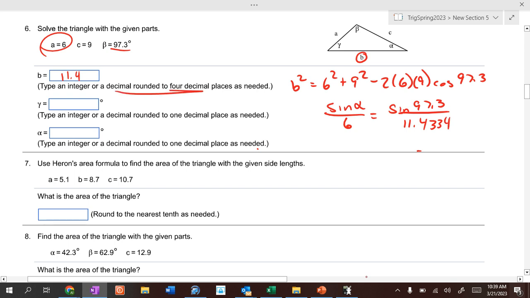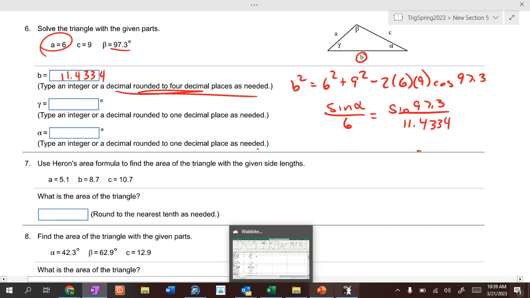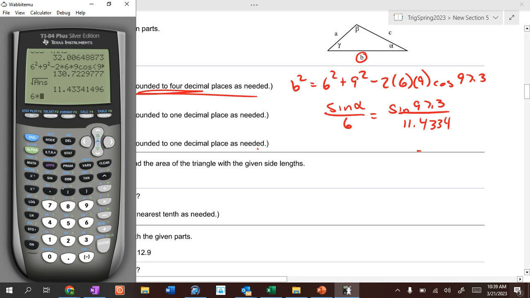And the reason why they want it 4 decimal places is because it won't throw off the other answer so much. So 6 times the sine of 97.3 divided by 11.4334 is that, and the inverse sine of the answer when we find an angle, 31.4.